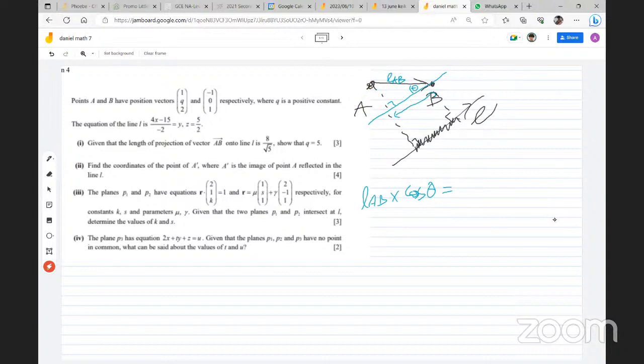Hey, forgive me if I'm wrong, but isn't this the length of projection? Oh, I thought you said length of projection is this. No, that's the length of AB. This is the shadow. The shadow is the length of projection. Okay, sorry, got it, yes.